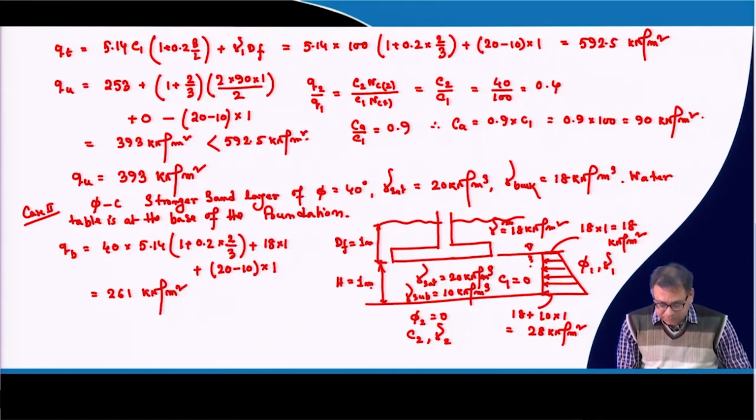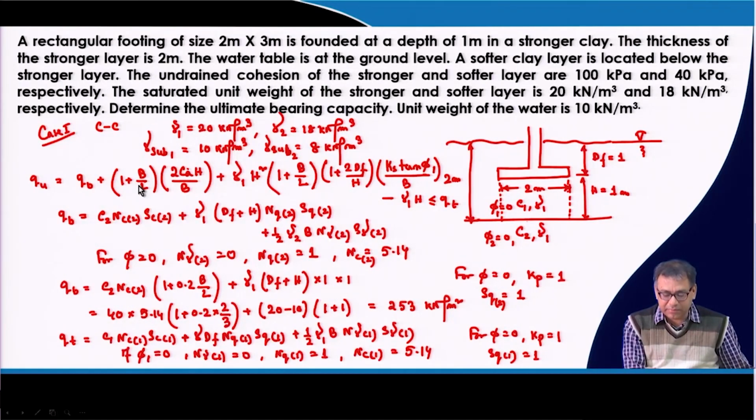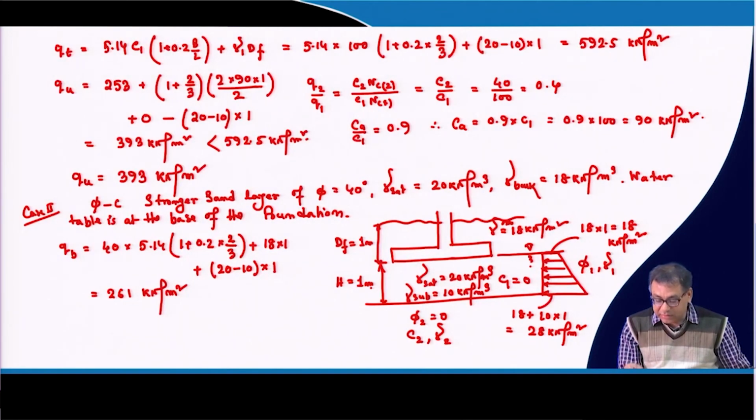So, this is the second case problem, where the passive pressure we have to calculate in a different way, because we cannot put that passive pressure in the basic expression which was developed, because in the basic expression the unit weight throughout the layer is considered the same, and the water table effect was not considered. But in the second case problem, the water table is at a depth of 1 meter below the ground surface.